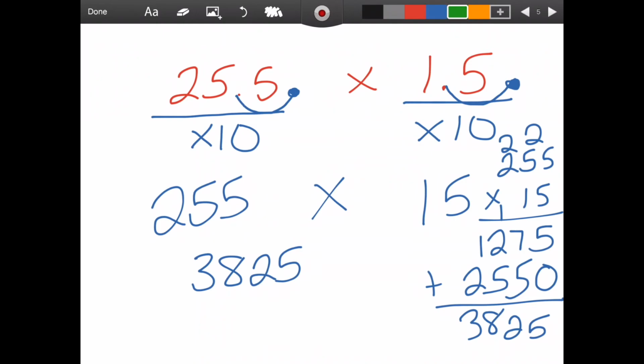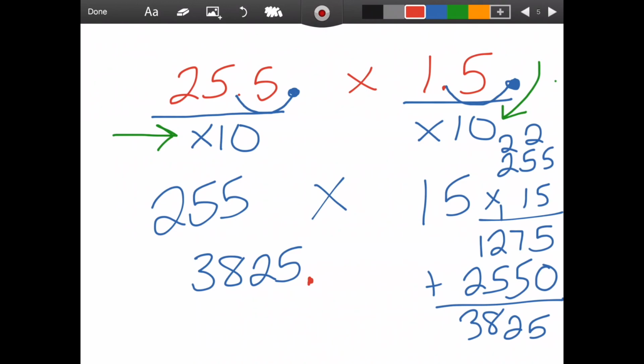So let's go back and look at what I did. Remember, I multiplied this number by 10, but I also multiplied this number by 10. So since I multiplied by 10 twice, that is the same as multiplying my answer by 100. So I'm going to go back and make up for that by dividing by 100.